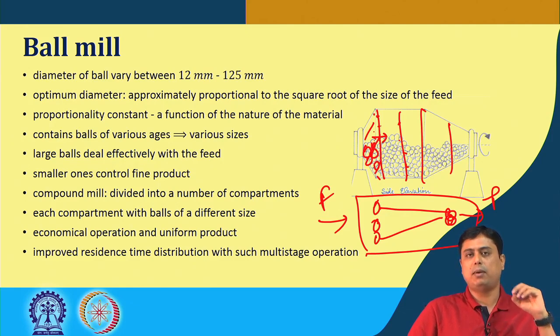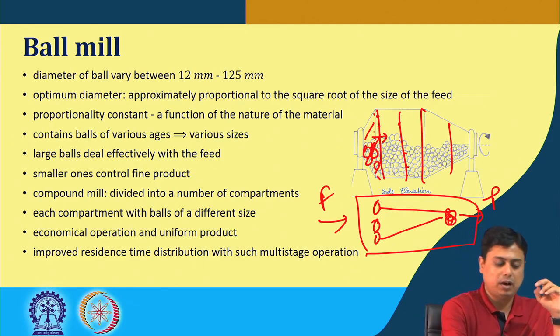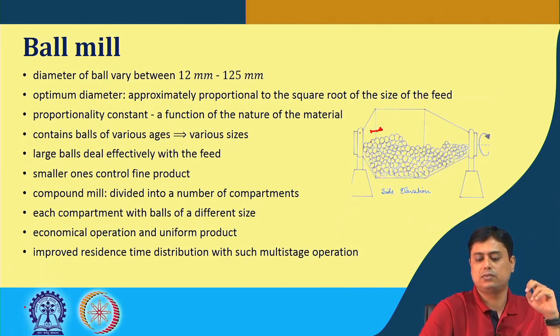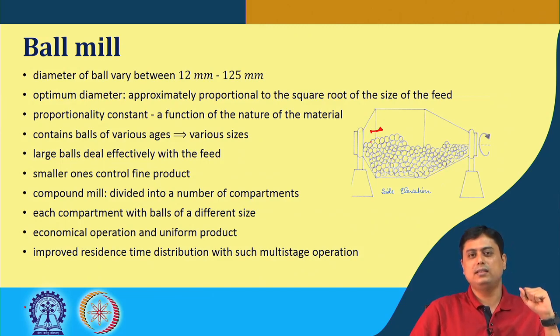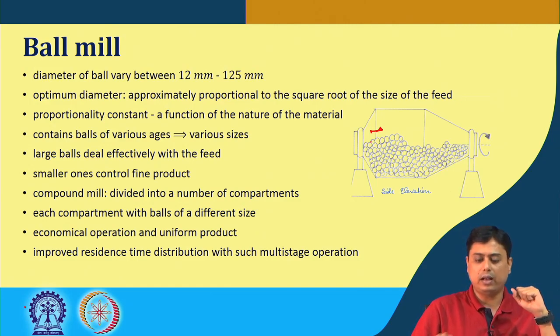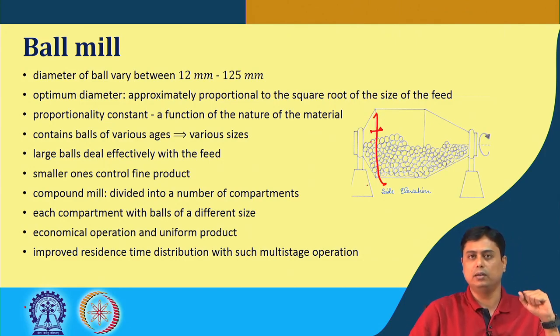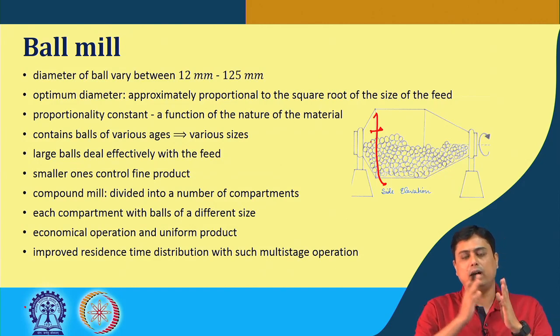Particles that have been crushed in this chamber, if they are not of the screen size or lower, cannot pass through and are retained in compartment 1 until that size is obtained. By doing so, we can have a uniform product and size distribution.